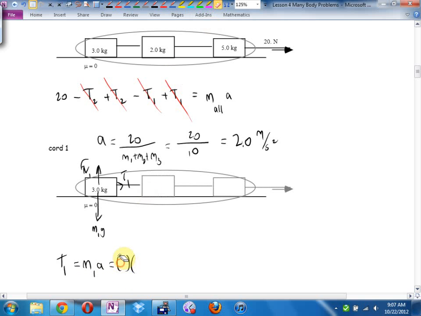The acceleration is 2. 3 times 2. I can do this in my head, too. Oh, look at that. 6.0. 6.0 what? Newtons, with authority, like you know what you're talking about. Newtons. Is that okay?